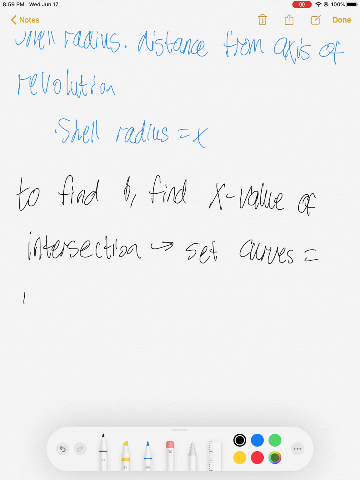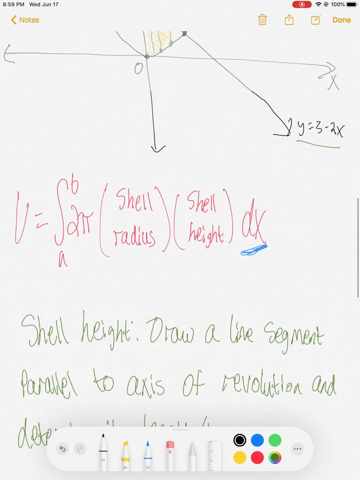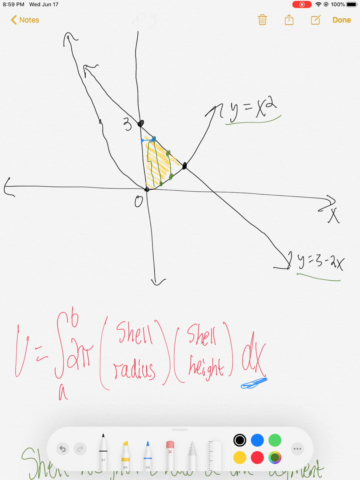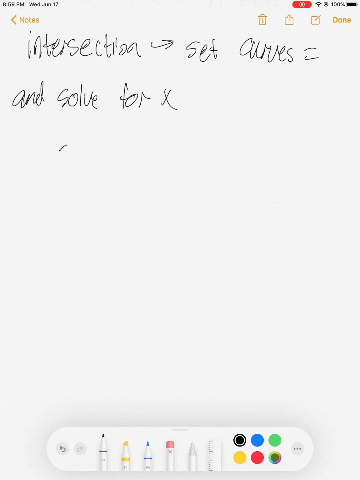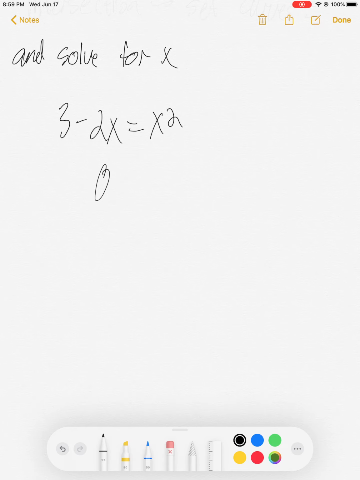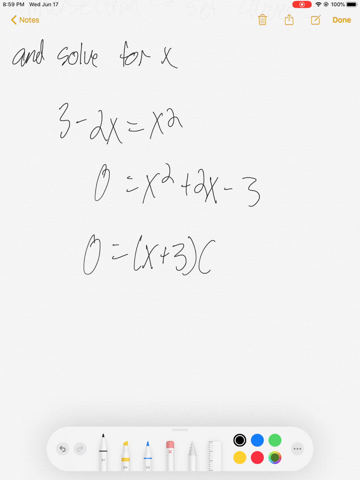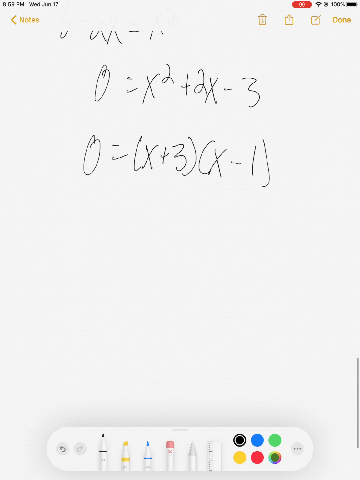In this case, our two curves are 3 minus 2x and x squared. So 3 minus 2x equals x squared. This is the same as 0 equals x squared plus 2x minus 3, and that's the same as 0 equals (x plus 3)(x minus 1), which means we have x equals minus 3 and positive 1.